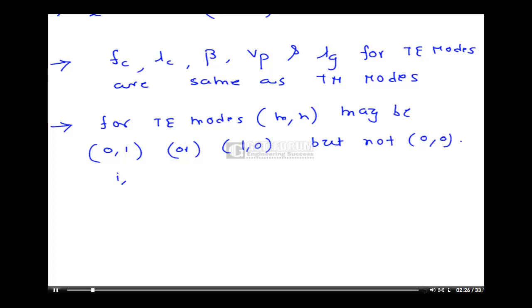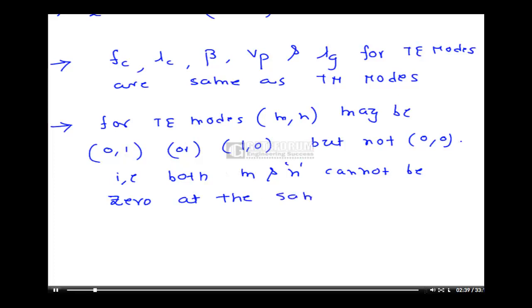That is, both m and n cannot be 0 at the same time. If both are 0 at the same time, all field components vanish. So any one value is 0.